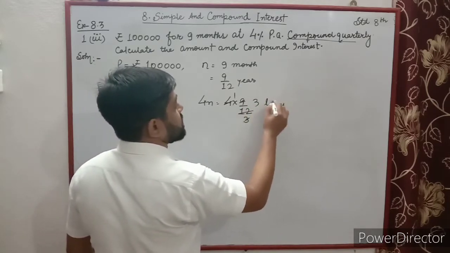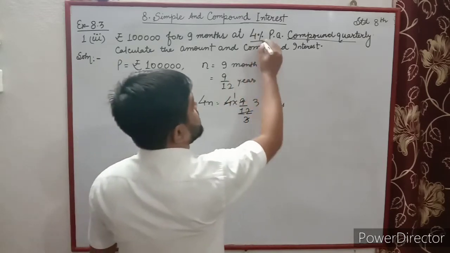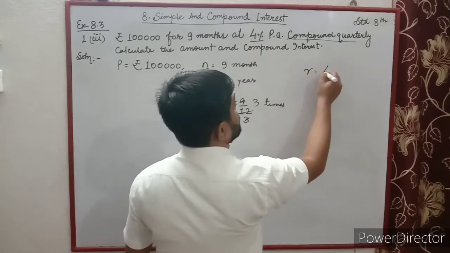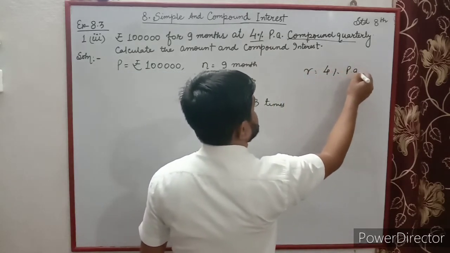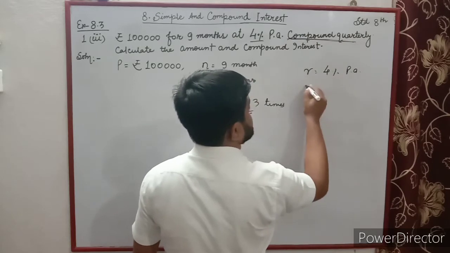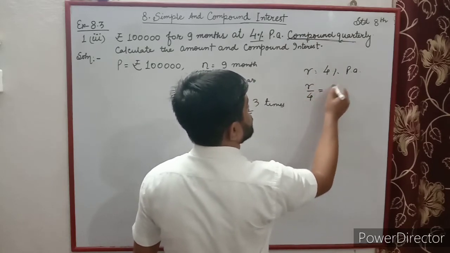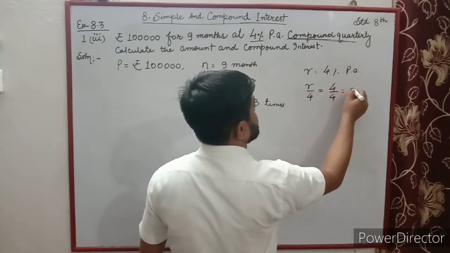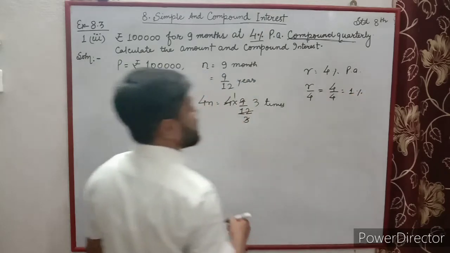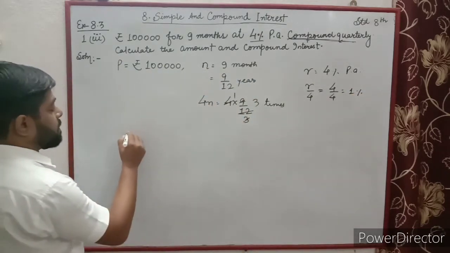Now 4% per annum, so rate is equal to 4% per annum. It is compounded quarterly, so R becomes R by 4. So 4 by 4, we have 1% compounded quarterly. Now we can apply the formula.